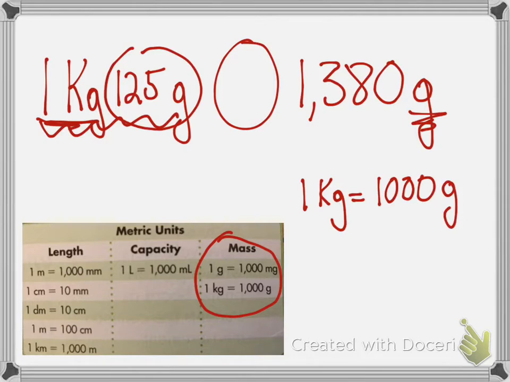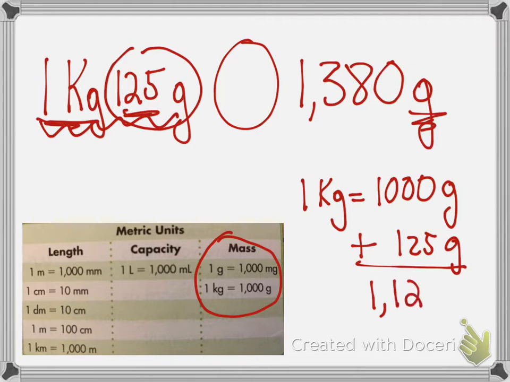So all we need to do is add 1,000 and 125 grams, and we have 1,125 grams. So which one is greater? This side. 1,380 grams is larger than 1 kilogram, 125 grams.